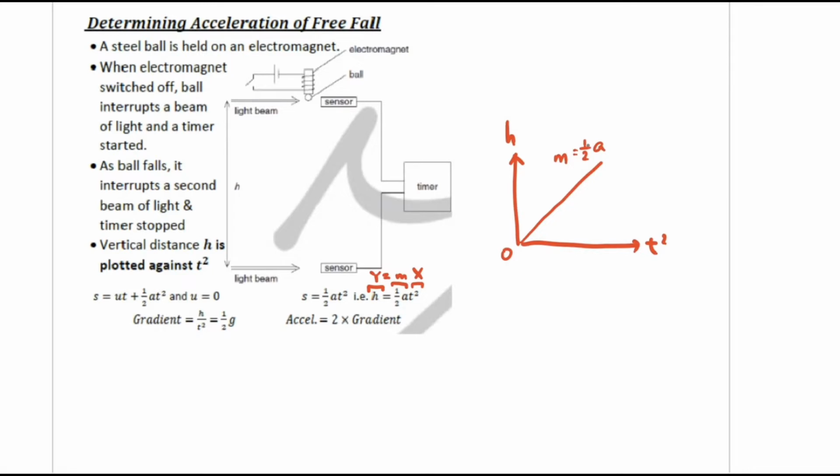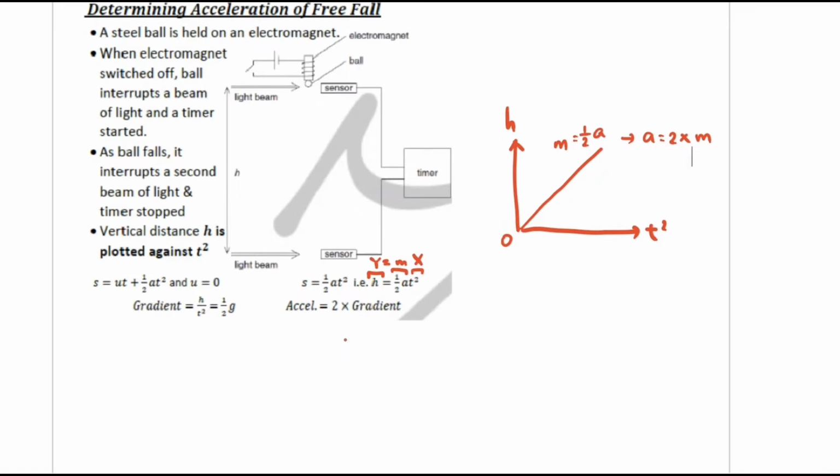You let it equal to 1 over 2a, then you can find a. Basically a is 2 multiplied by the gradient. That's why it's written here: acceleration is equal to 2 multiplied by the gradient. So that is the whole experiment.